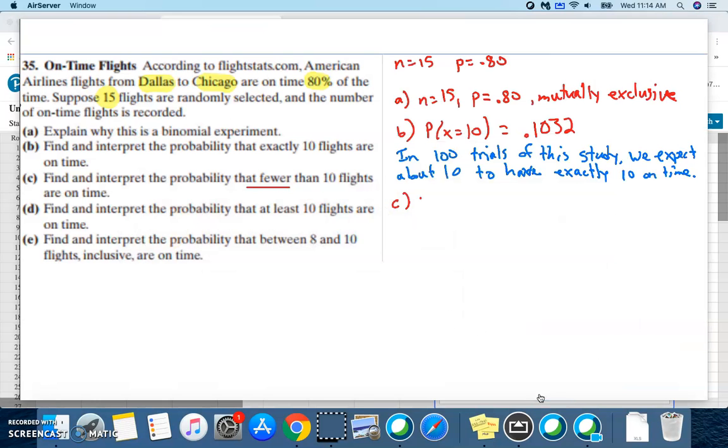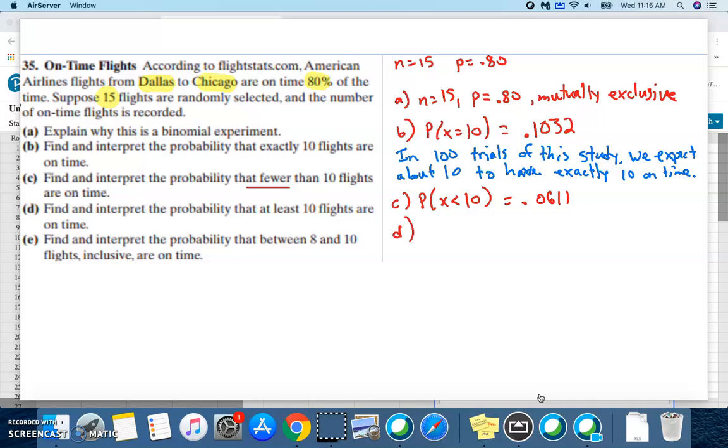We interpret this as the probability that x is strictly less than 10, which is 0.0611, which is pretty low. So in 100 trials of this study, we would expect about 6 to have fewer than 10 flights that are on time.